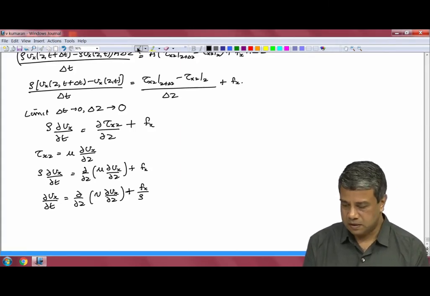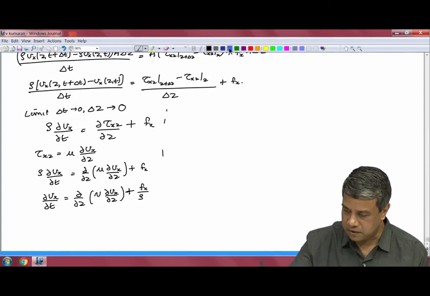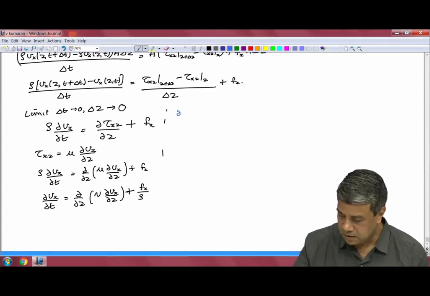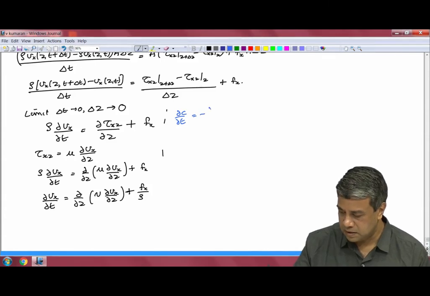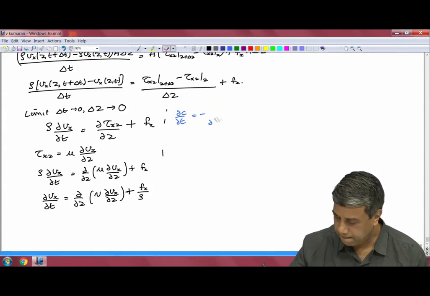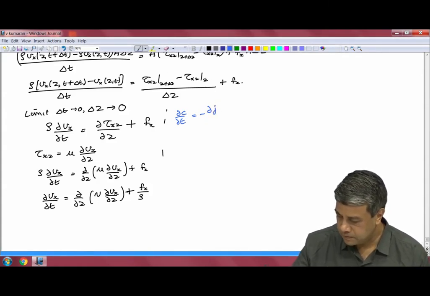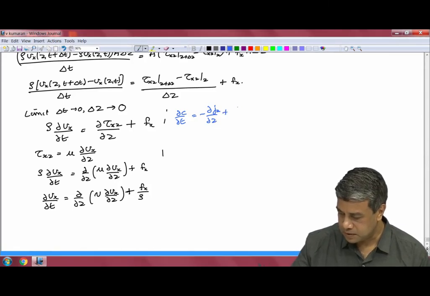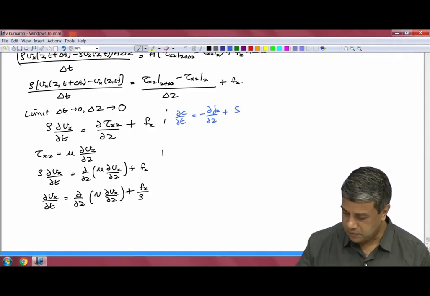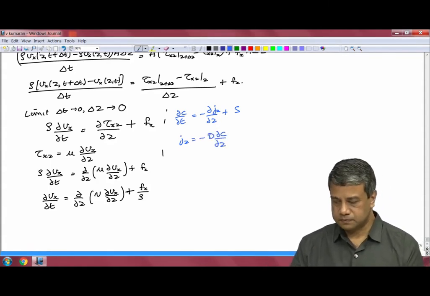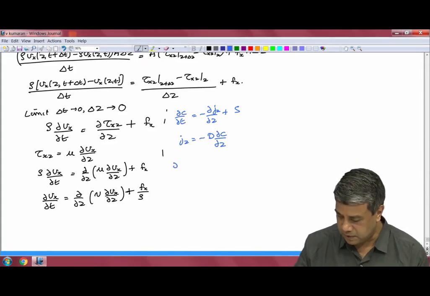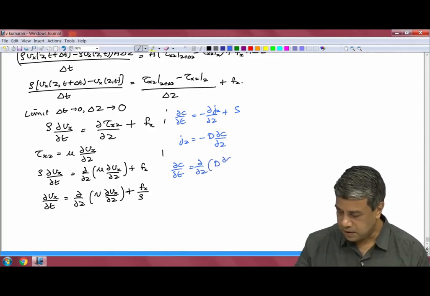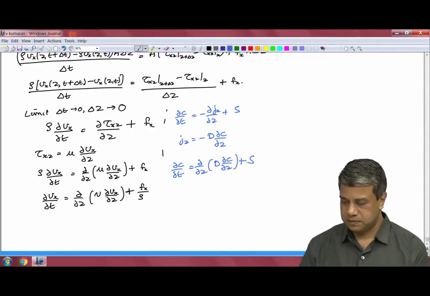The other thing I would like you to note: if you recall, when we had written the equation for mass balance, we had partial c by partial t is equal to minus partial Jz by partial z plus source, and the equation Jz is equal to minus D partial c by partial z, and then I got the equation of the form partial c by partial t is equal to partial by partial z of D partial c by partial z plus source.